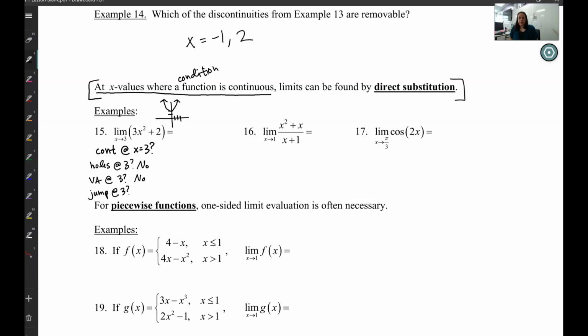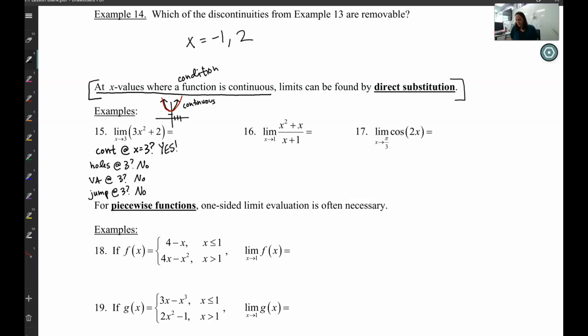Any jumps in this parabola? Nope. So that informal definition, I can take my pencil and go along this whole parabola without ever having to lift it. So this whole parabola is continuous. So is this continuous at x equals 3? Yes. There are no discontinuities, therefore it is continuous.